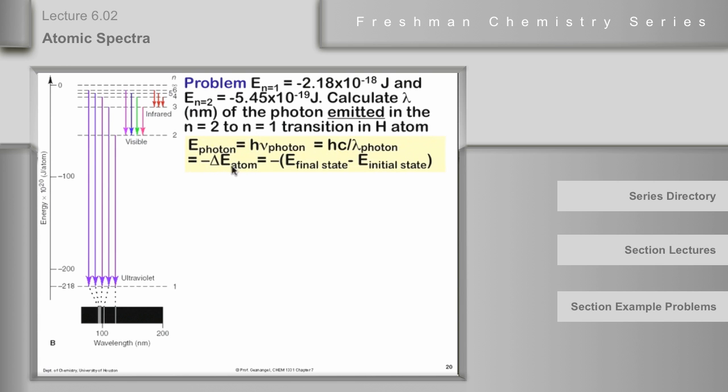That is to say, the atom's energy change is negative. But the E of the photon can't be negative. Photons have to have positive energy, like positive wavelength. So there has to be a sign difference between these two. E of the photon has to be minus delta E of the atom, which would be minus E of the final state minus E of the initial state. Okay?